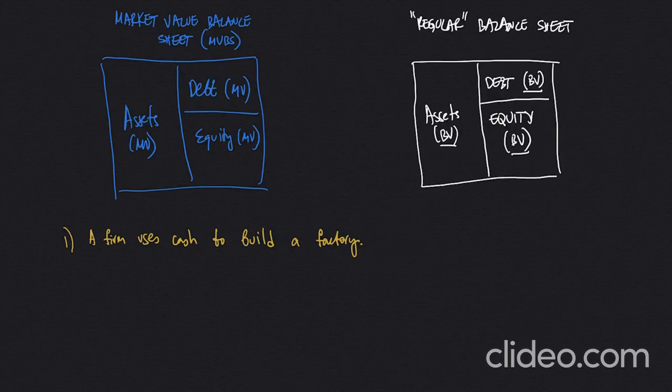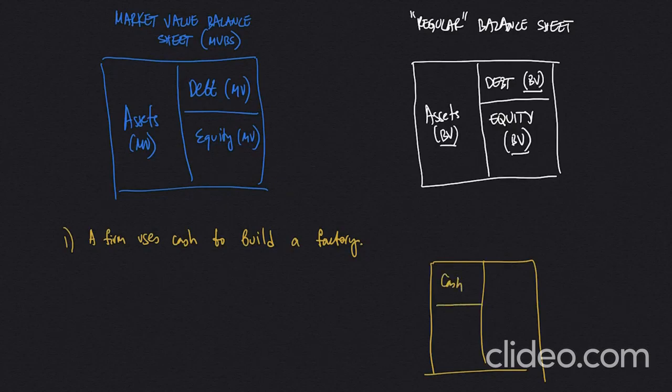Let's start with the regular balance sheet. Let me schematically draw it. And here I'm going to separate the assets into cash and other assets, which I will call LTA, which stands for long-term asset. In this particular transaction, the firm uses part of its cash to build additional long-term asset.